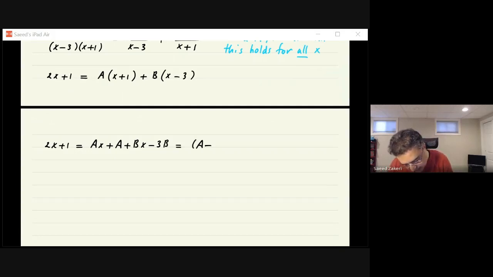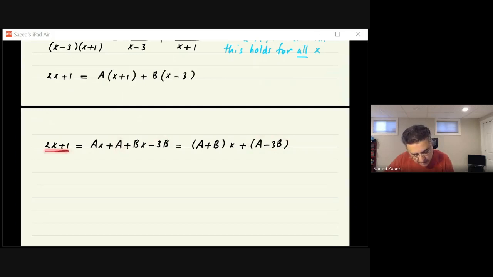That's A plus B times x. And collect constants together, A minus 3B. So you see on the right side, I multiplied out everything. And then I lumped x terms together. That's this. And I lumped constants together. That's this. OK? Now, look at this.